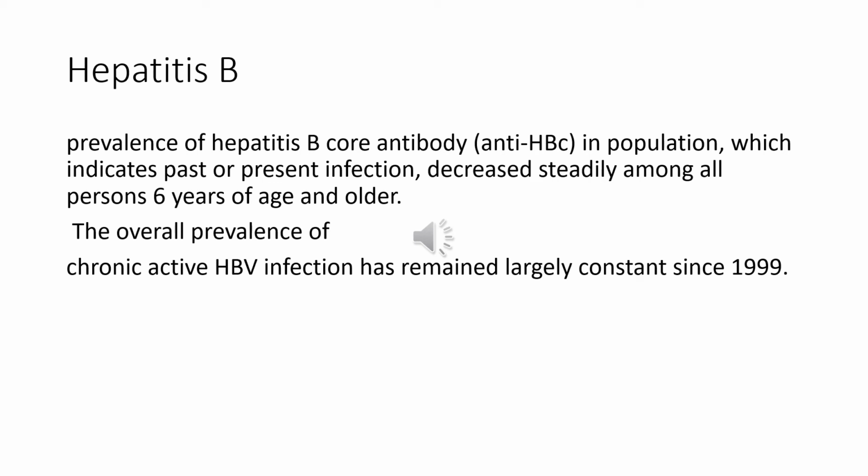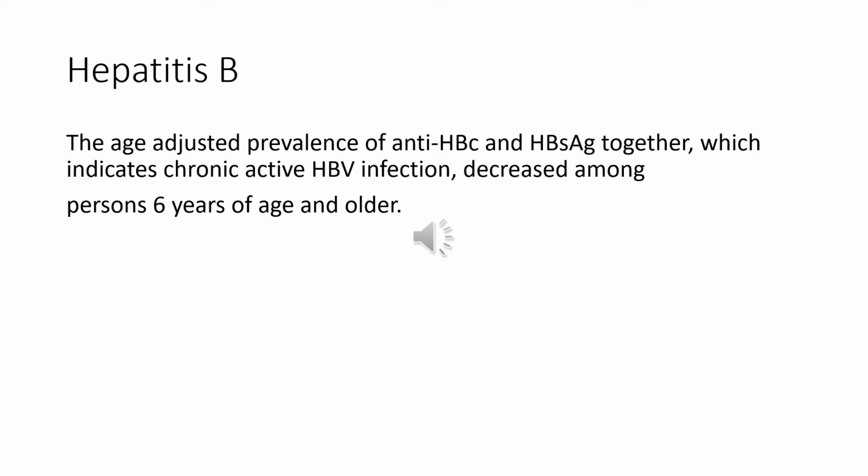The overall prevalence of chronic active hepatitis B infection has remained largely constant since 1900. Age-adjusted prevalence of anti-hepatitis core and hepatitis surface antigen together, which indicates chronic and active infection, decreased among persons age 6 and older.